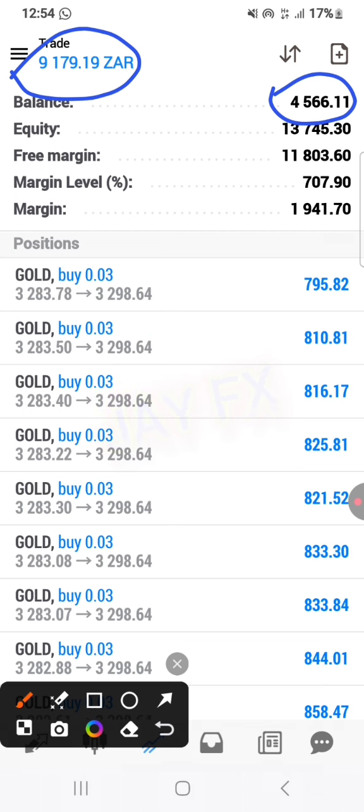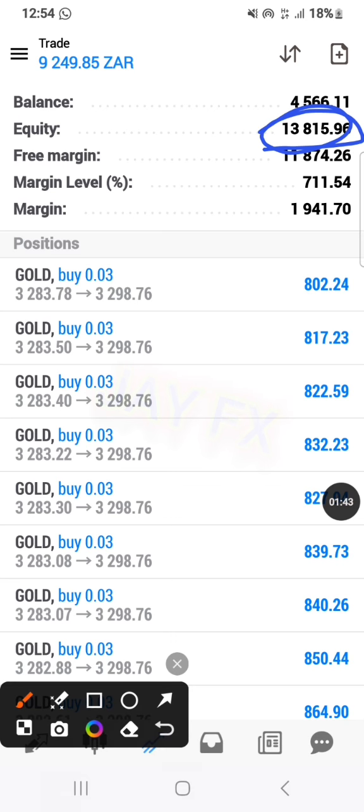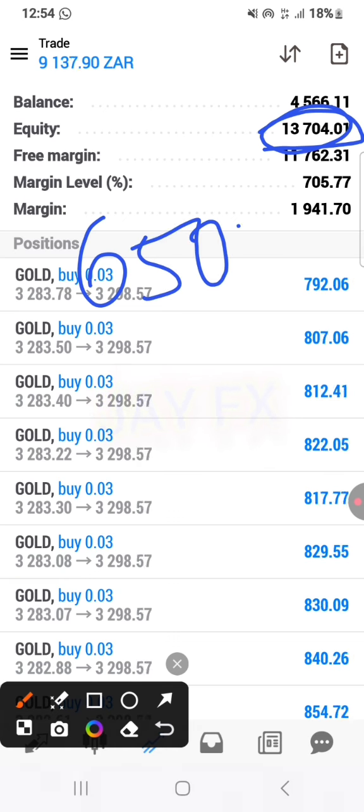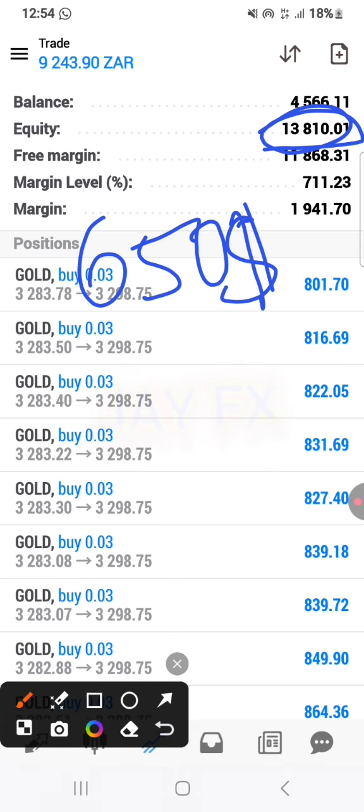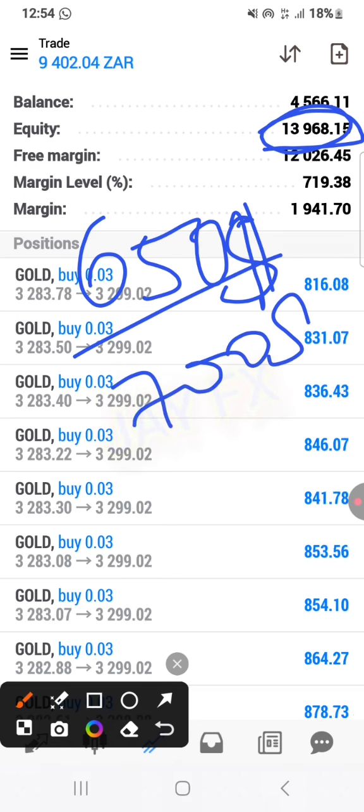We said greediness is not good. So since we have 13,000, almost 14, this is not dollars. This is about $650. It's almost $700.